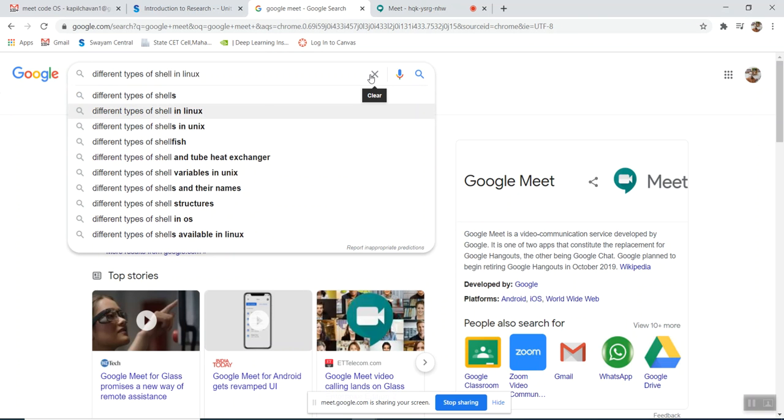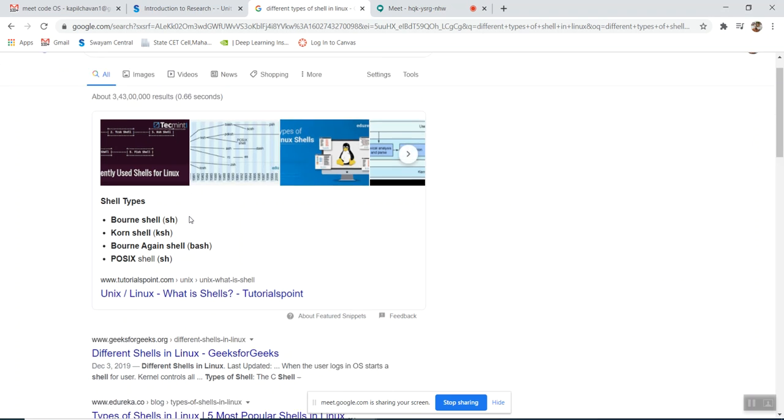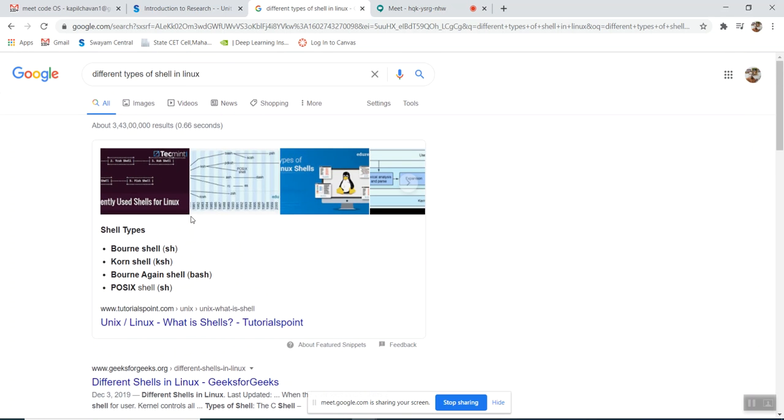Here you can see there is a Bourne shell, Korn shell, Bourne Again shell, and POSIX shell. So there are different types of shells present, and each shell has different features.